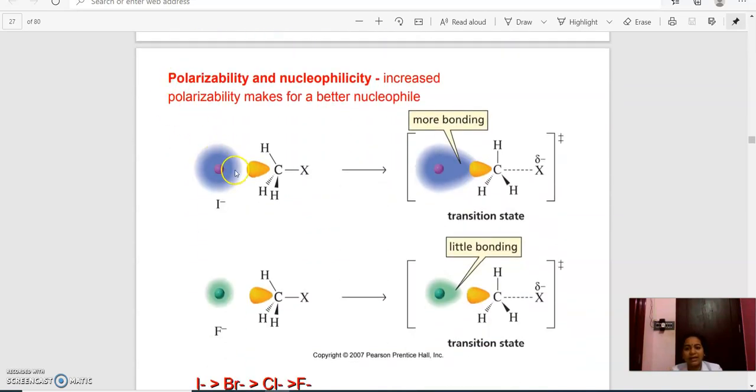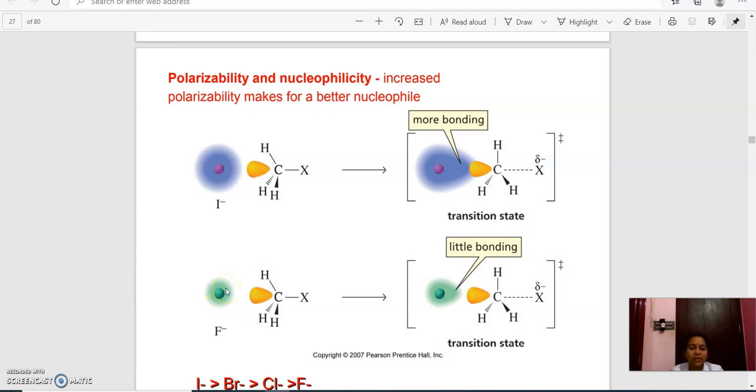Here you can see an image. Iodine has a high size, and it can easily donate its electron towards the carbon, because if we compare, fluorine is very small. It cannot easily donate its electron towards carbon because the nucleus has a strong attraction on the valence electrons, so the radius will be less.